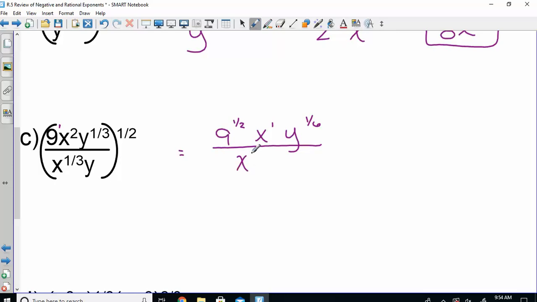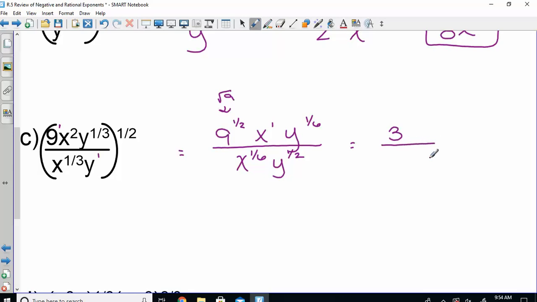So for my x, 1/3 times 1/2 is 1/6. This is the y to the first, so 1 times 1/2 is 1/2. Okay, 9 to the 1/2. That's the same thing as saying the square root of 9. What is that? 3.